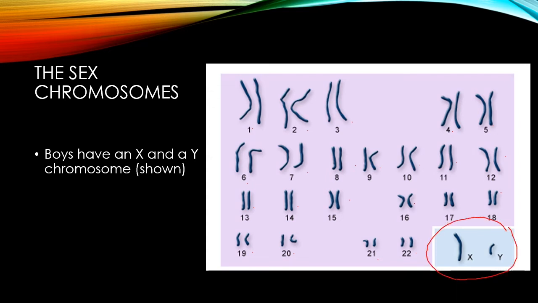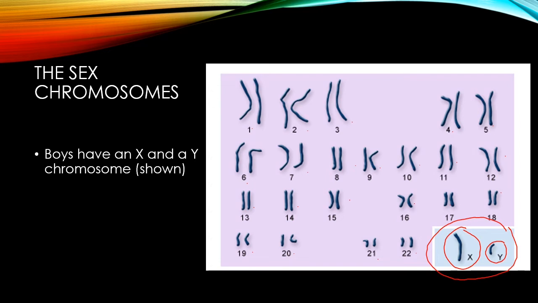You've got one long one and one short one. If you look at the letters, the long chromosome is called X, and the very last one is called a Y. So we know this is a boy because he has an X chromosome and a Y chromosome. If it was a girl, they'd have two X chromosomes.